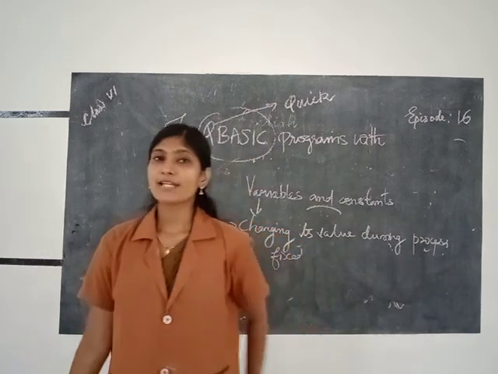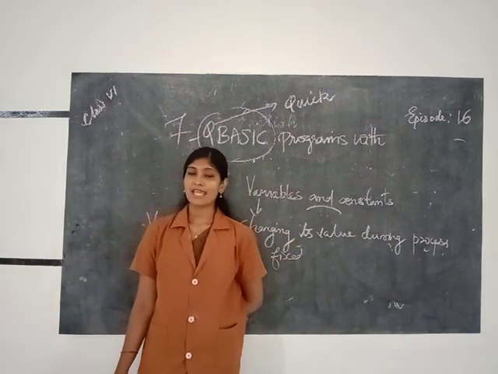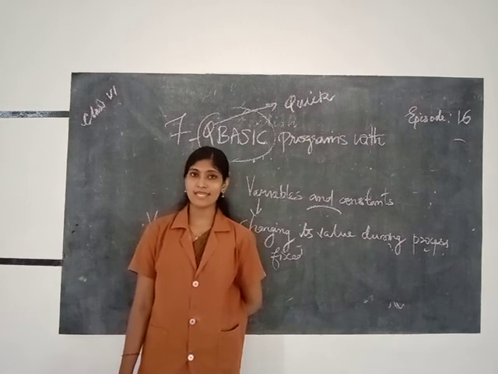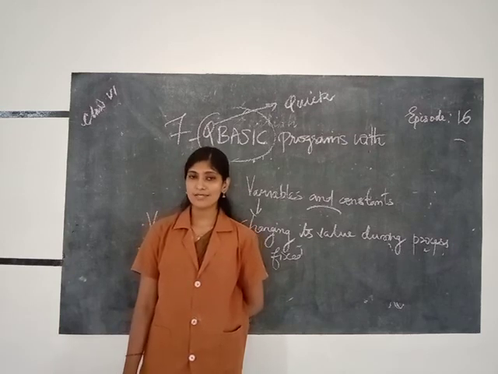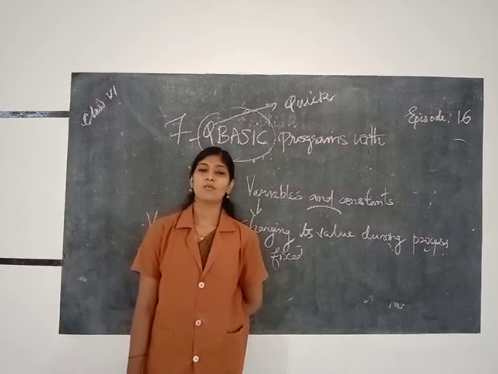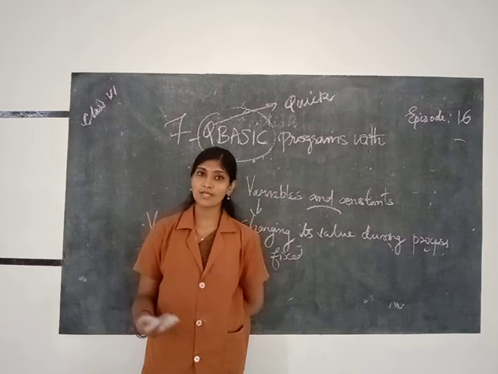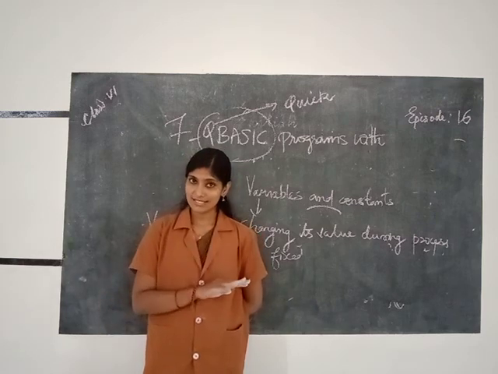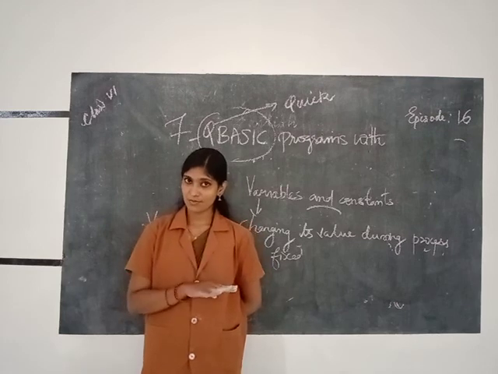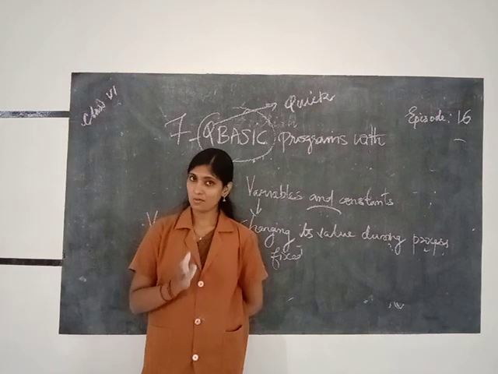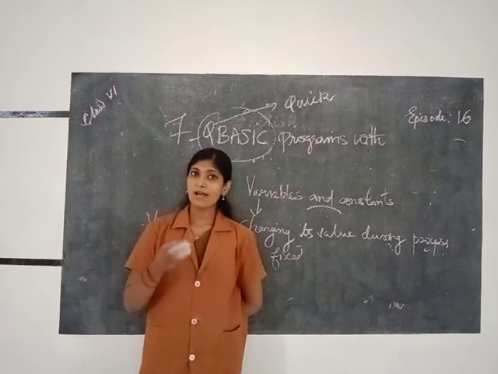So here in our computer programming language, a variable indicates a memory location. So simply a variable is a memory location. So it varies during the process. In a computer, a variable indicates a memory location and also varies during the execution.